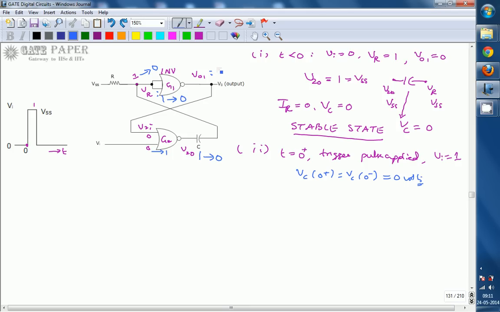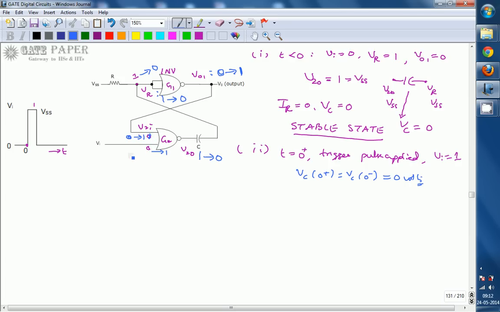So this is V01 and it changes from 0 to 1. Now that 0 to 1 means V2I, which was previously at 0, is now changing from 0 to 1. That implies both inputs of gate 2 are now 1s. But only one input at 1 is sufficient to maintain the output voltage at 0.